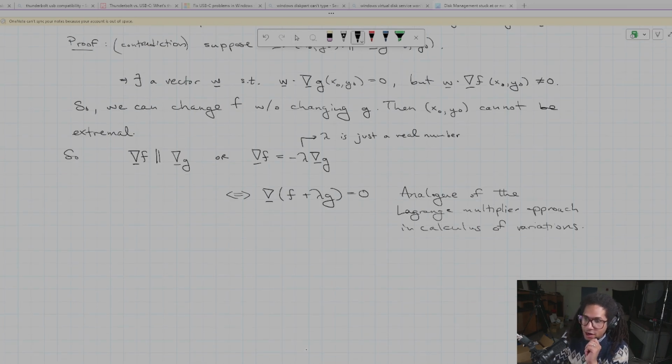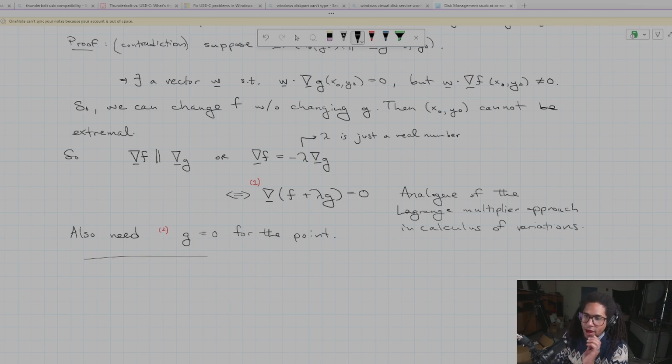In fact, I need this. So this can be the first equation that I need. And then I also need that we're on the constraint subspace, g is equal to 0. And those two together are enough to give me a unique point and the correct point.